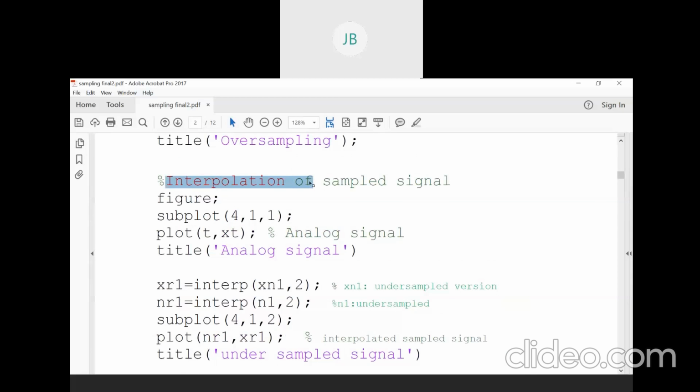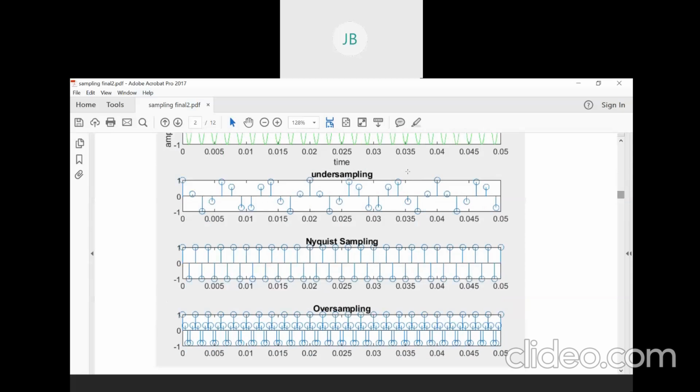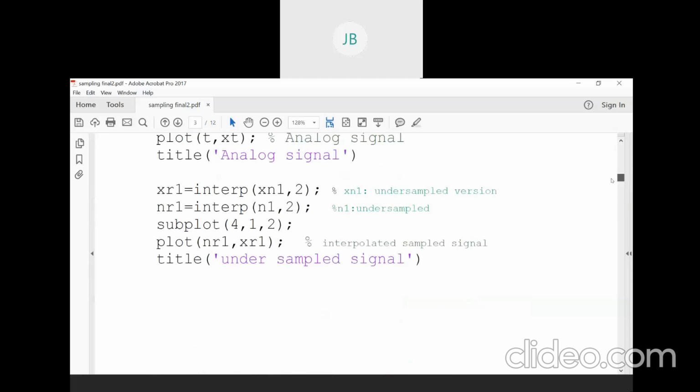Right now the input for us is these sampled signals, for example undersampling, Nyquist sampling or oversampling. Using these, if we try to reconstruct the original cosine signal, how does that appear? That's what we are going to investigate in the remaining part of the code, that is interpolation.